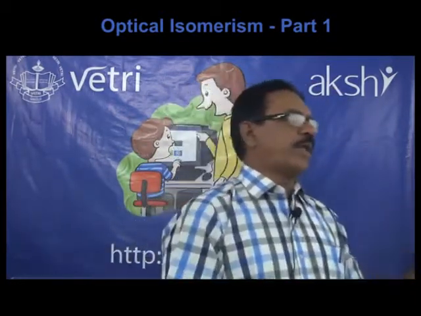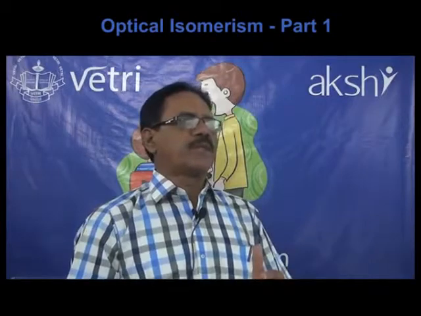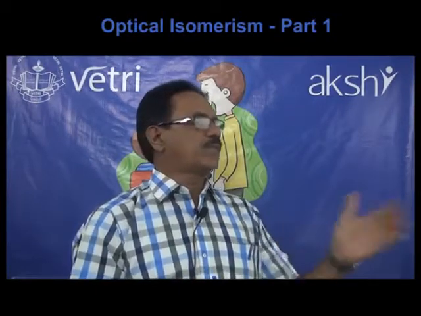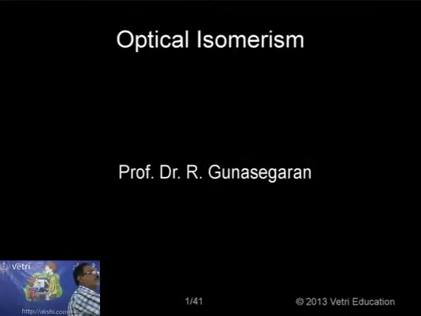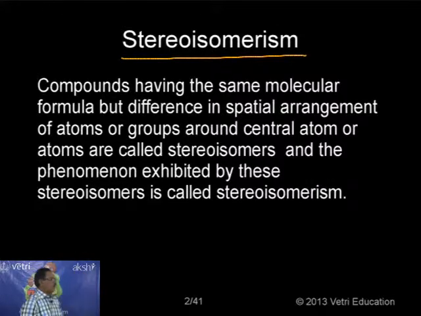Okay, so today in this lecture I am going to discuss what is optical isomerism, what are the compounds which show optical isomerism, and suitable examples. Before that, let me discuss what is stereoisomerism, then I will go for the optical. What is stereoisomerism? Let me define now.